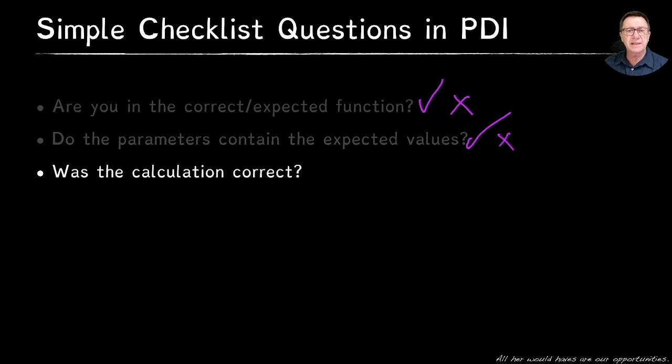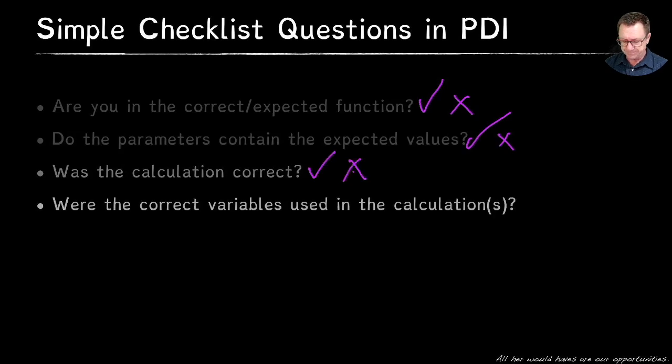What about the calculation? Was the calculation that you performed correct? Because if it wasn't correct, we can fix it. Was it correct? Yes or no? Were the correct variables used in the calculations?